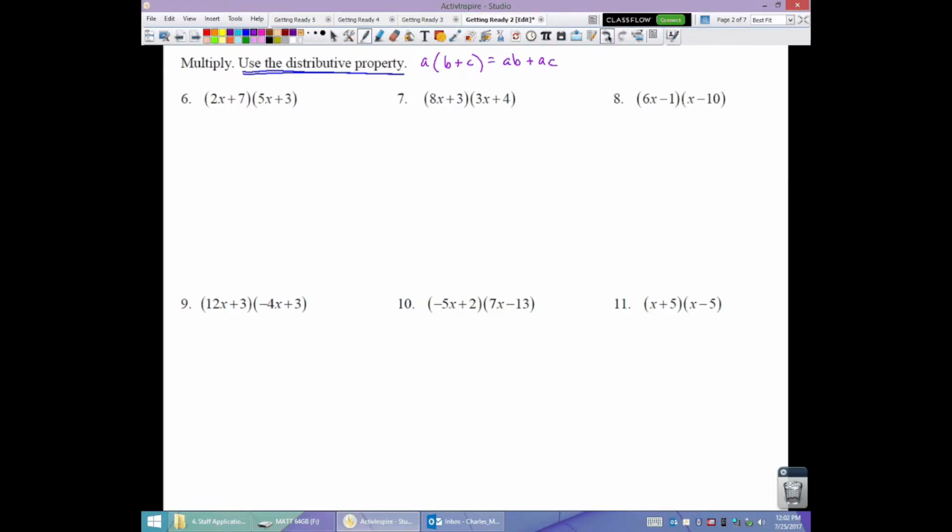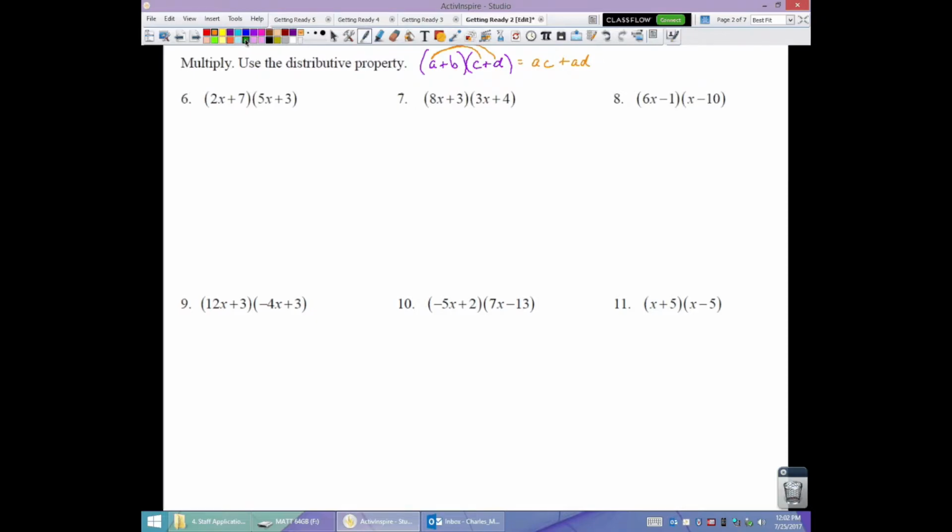Well, we just need to extend that, like by one step, to say if there's two things in the first parentheses and two terms in the second parentheses, what we have to do is distribute everything in the first set to everything in the second. So it would be a times c, also a times d.